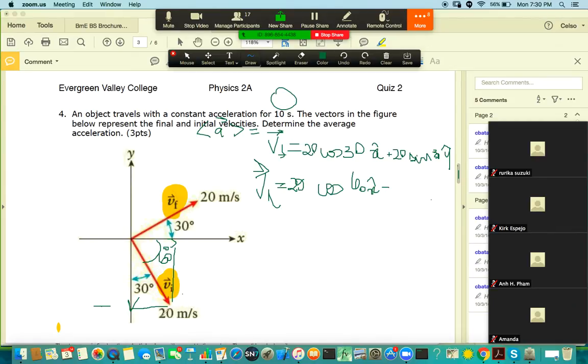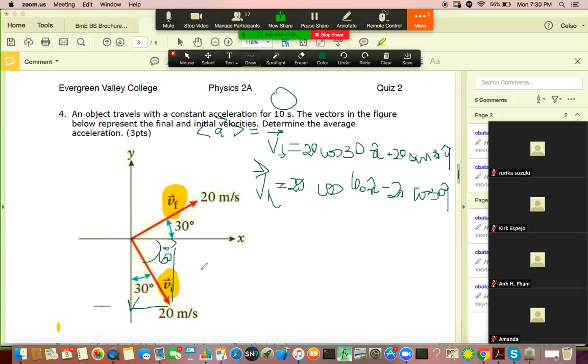The vector is pointing negative, so you put a negative there and forget about it. 20 cosine of that angle, 30. Cosine of 30 in the y direction. Or sine of 60, whatever you want to write.